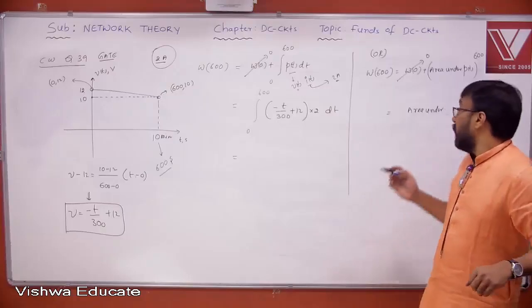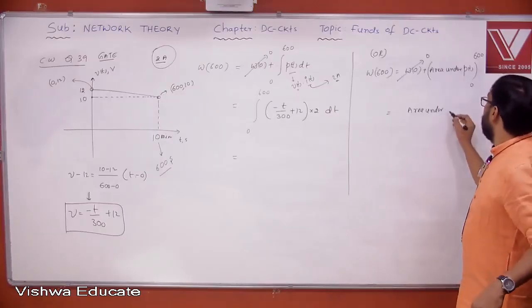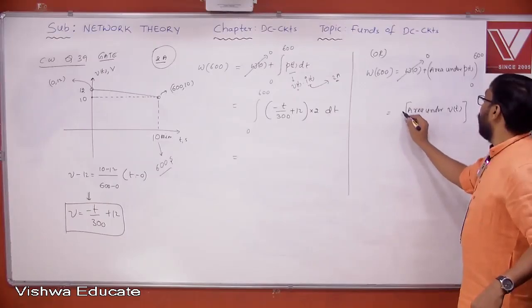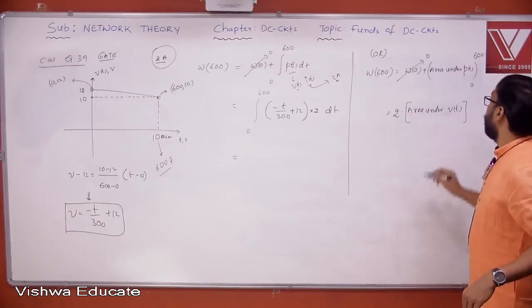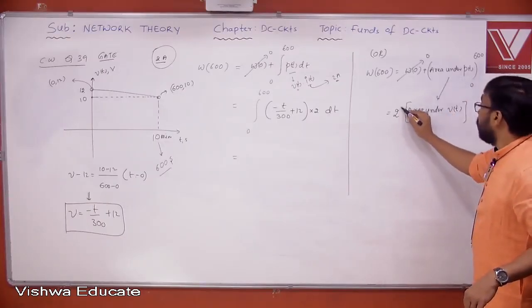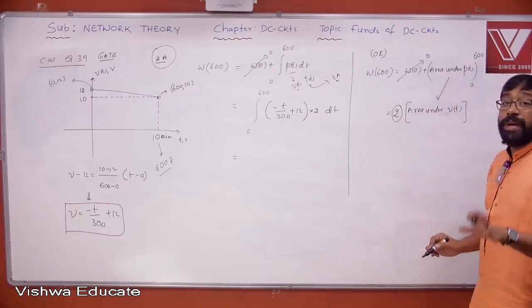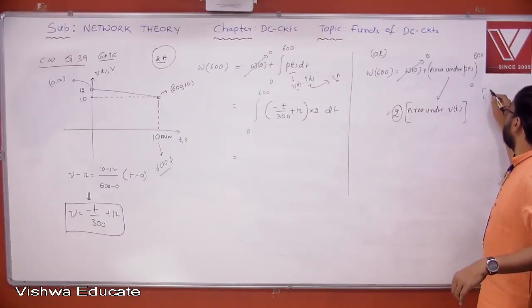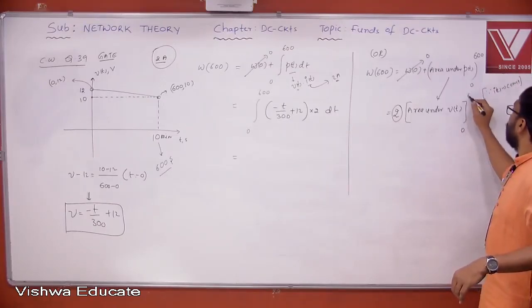That means you can take the area under V of t, which can be written here into 2. This can be written because the current is constant. Since I of t is constant, you can write 0 to 600.